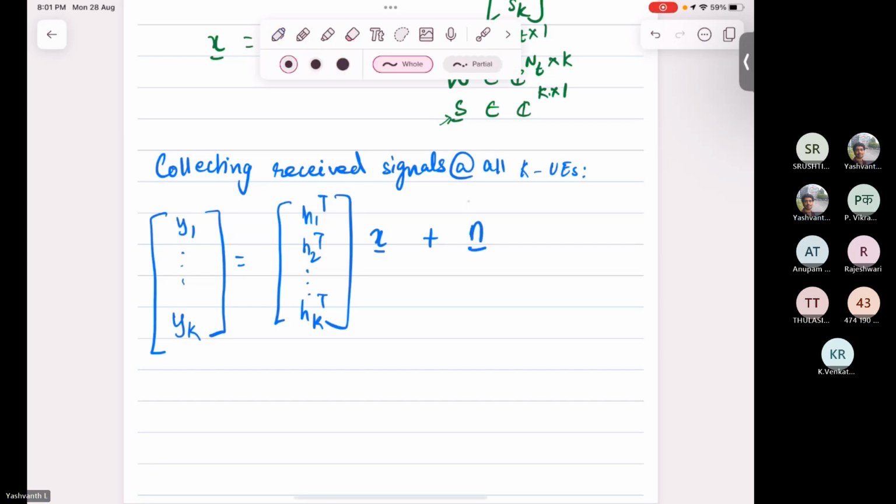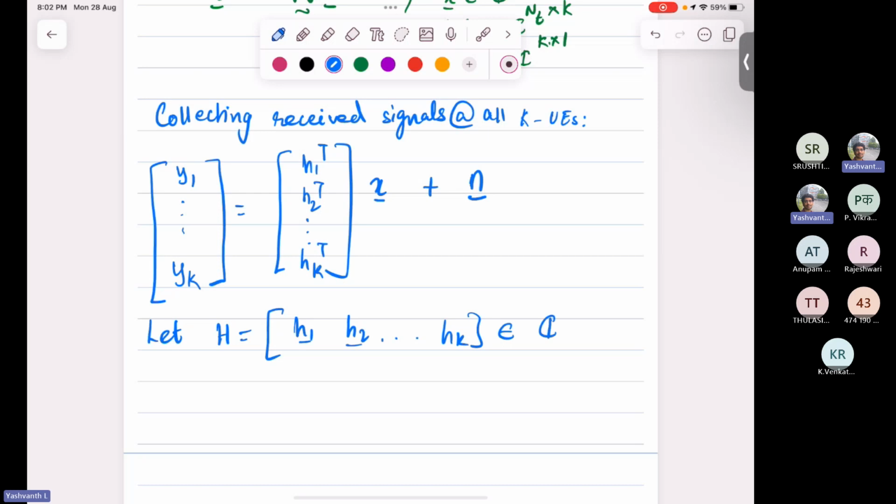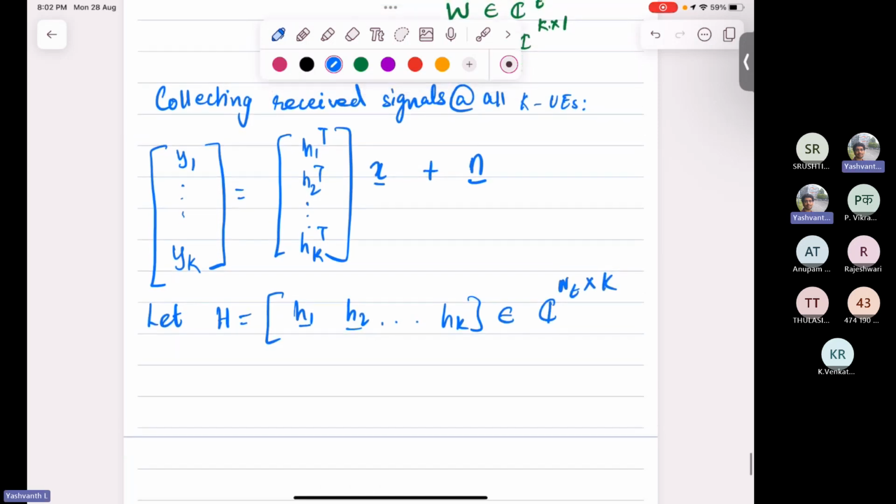Let H be a matrix of H1, H2, and so on to HK. It is a matrix in C of NT cross K, because each is an NT cross 1 vector and collecting all of them is NT cross K. So I can write the above equation as Y equal to H transpose WS plus N. Can anyone confirm if this is clear?